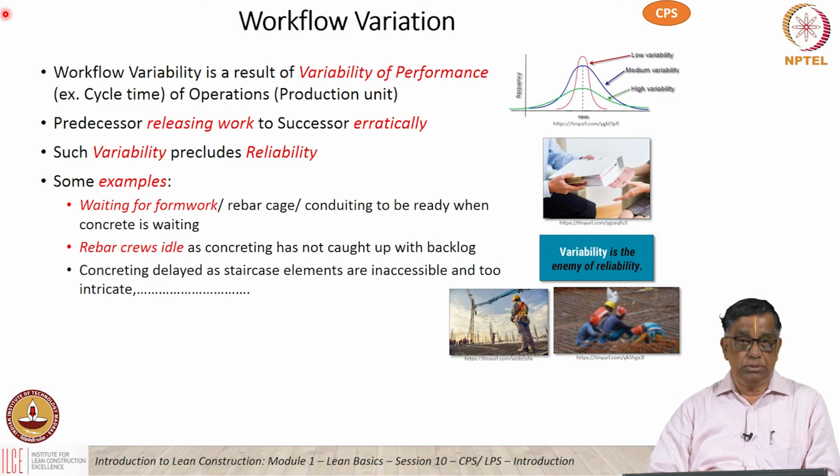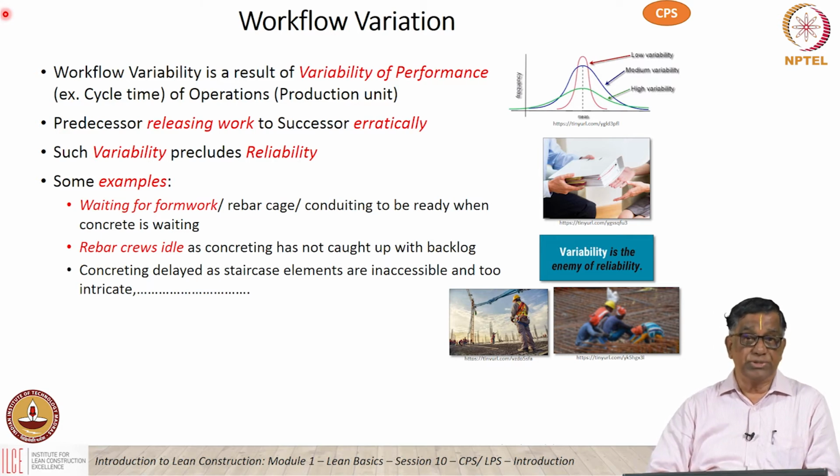So generally what happens, the predecessor activity doesn't release the work for the successor as planned on a given day or a given shift. For example, the form work gets delayed or the rebar bending gets delayed, and the concreting man waits.